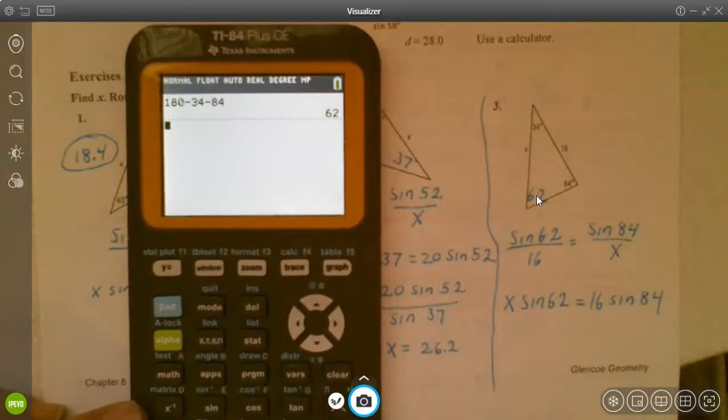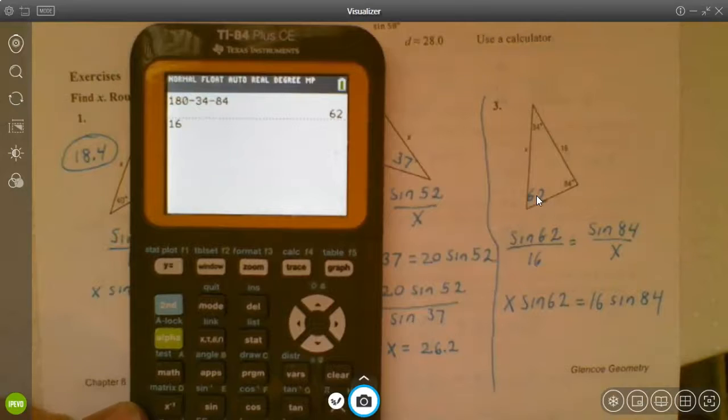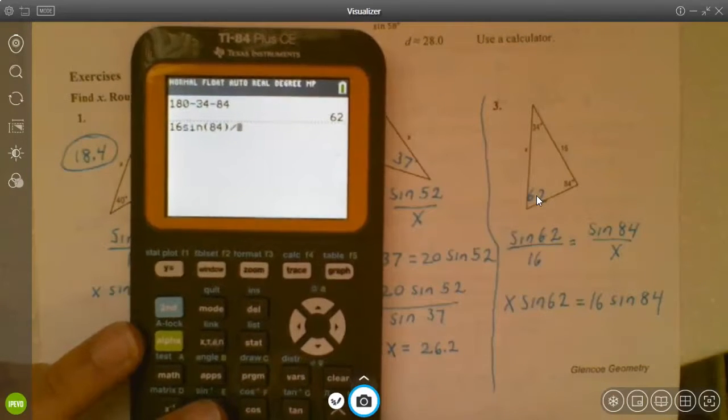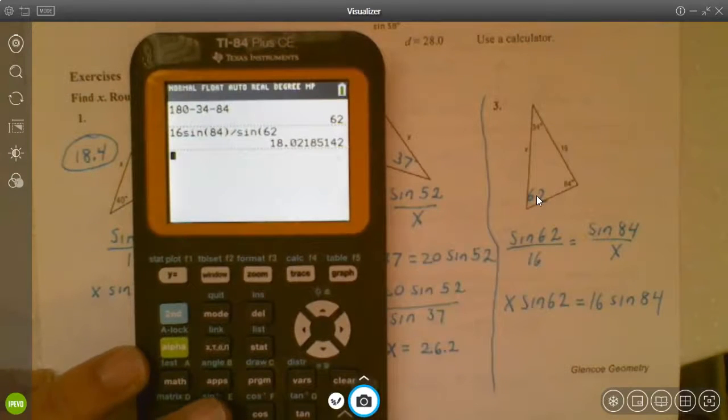So it should look like this. Now if I divide both sides by sine 62, we'll get our answer. So 16 sine 84 over sine 62, so 18.0.